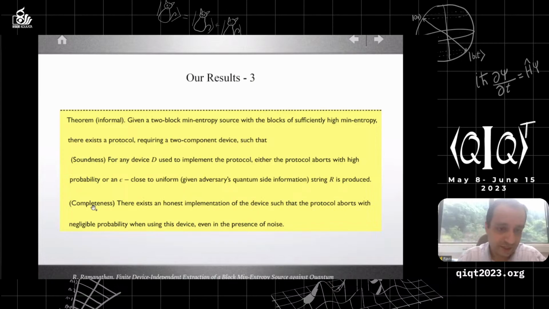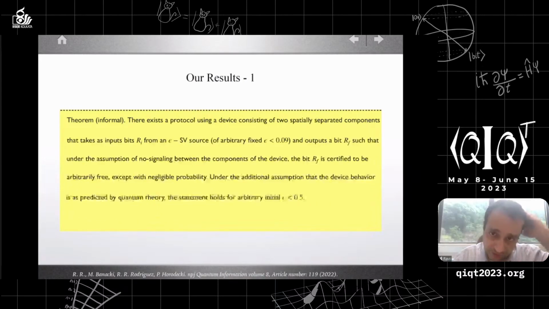These are standard statements of security in a cryptographic protocol: there is an honest implementation that does not abort the protocol, and provided the protocol does not abort, you can get an epsilon-close to uniform string from the point of view of an adversary, even given the adversary's quantum side information. So that's the result that I'm going to talk about.